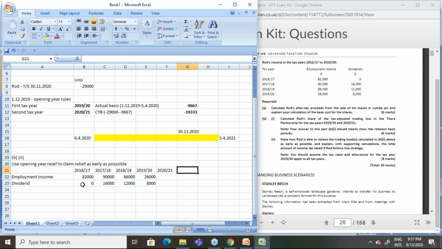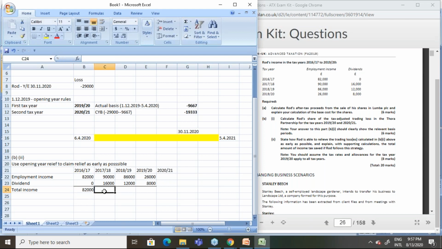Right. Then we can get the total income. So opening year relief, you can claim it against total income.